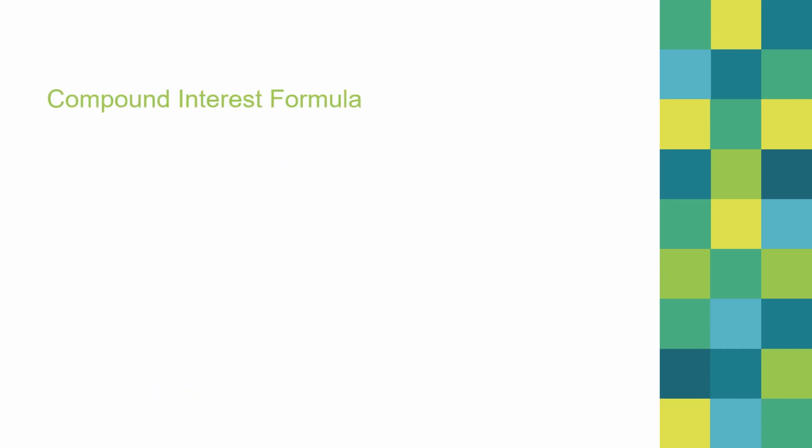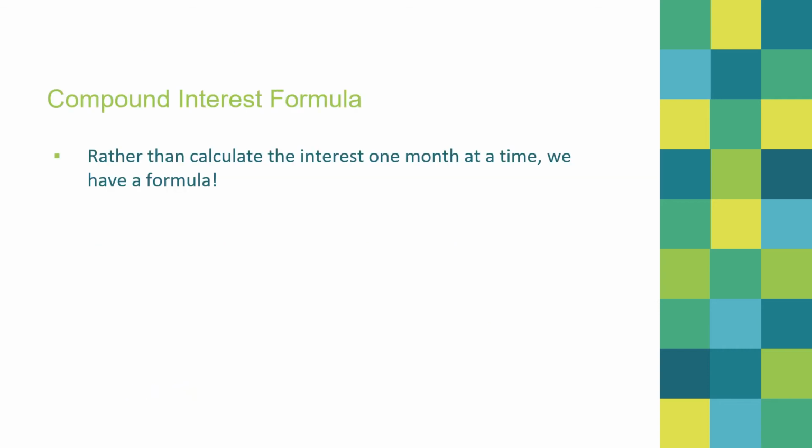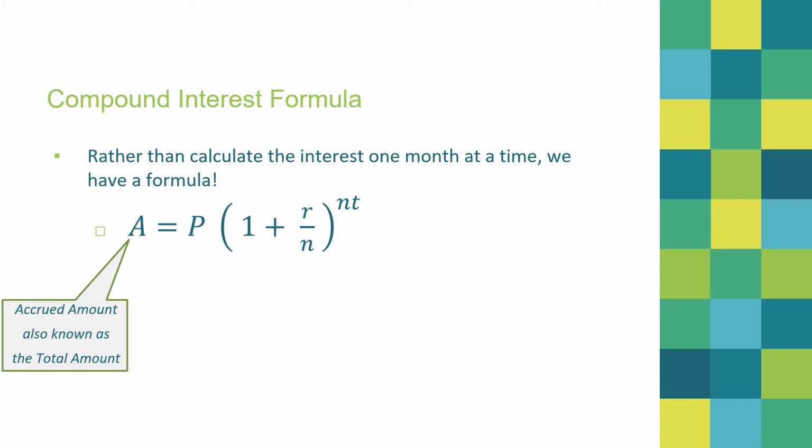So let's look at the formula though, because we don't want to calculate the interest every month one at a time. We've got formulas, so we can put them into calculators and make our lives easier. In this case, we've got A equals P times 1 plus R over N to the power of N times T. Now, what does all that mean? Well, A is the accrued amount.